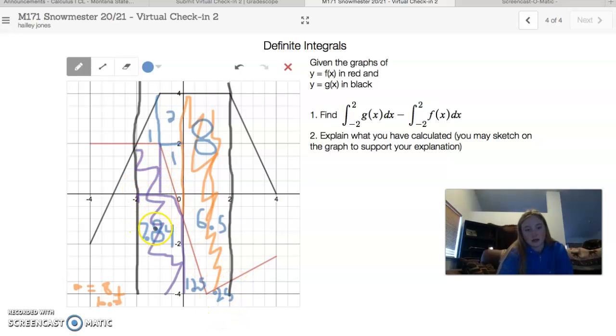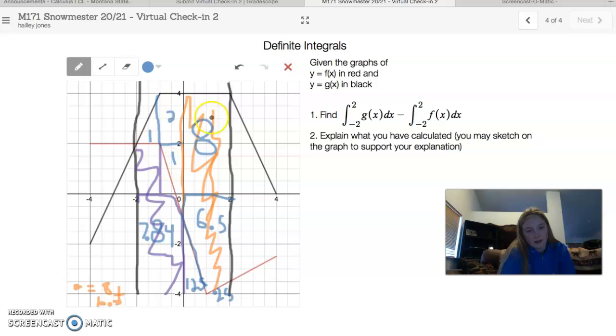So I got 7.84 for this blue part, and then this whole triangle right here, the area would be a height of 4, base of 2, so it'd be 8, but subtract the 1.25 and 0.25 from these triangles from the red here, so I got a 6.5 for this lower part here with these triangles cut out because we're subtracting the red function.